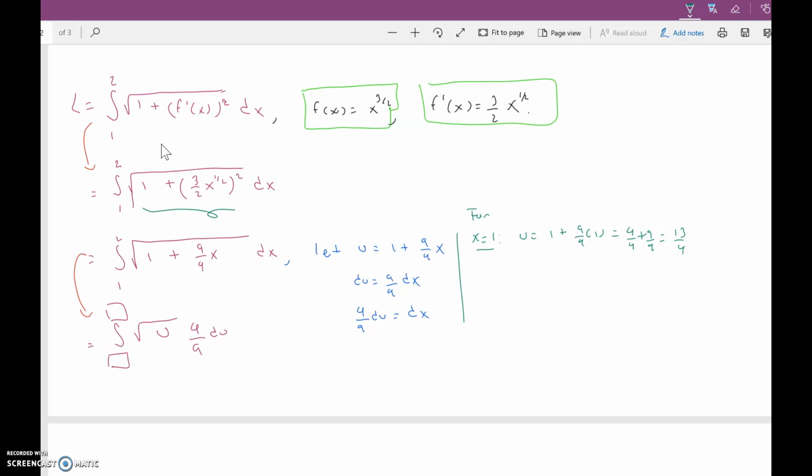So now this is going to go from 13/4, and then x is equal to 2. U is equal to 1 plus 9/4 times 2, or technically 1 plus 9/2, or 2/2 plus 9/2, or 11/2. So this is going to be 11/2. Let me fix that.